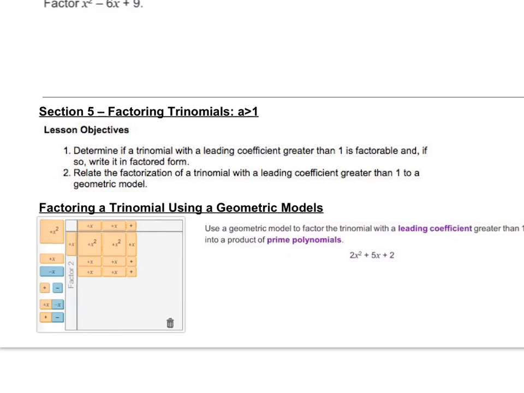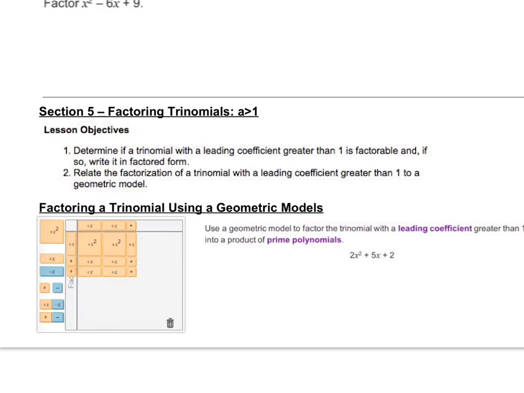And then what would I put here to make it reasonable? x times what gives you x, and 1 times what gives you 1, so you'd put a 1 here. The same thing would happen here, you'd put a 1 here. And that's the idea.